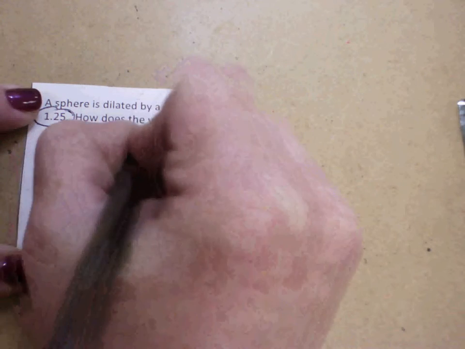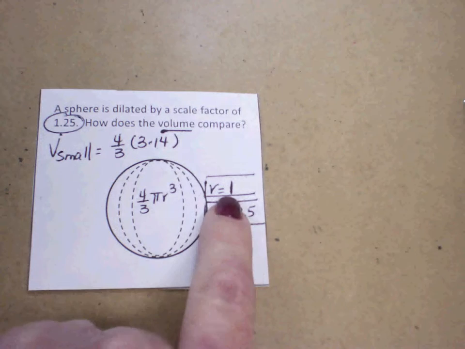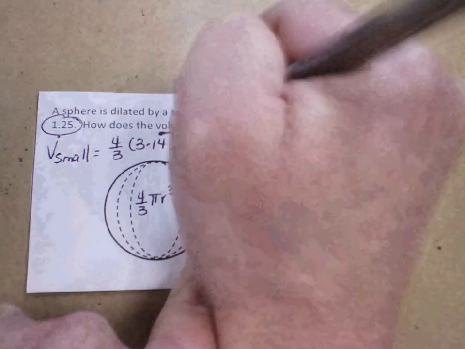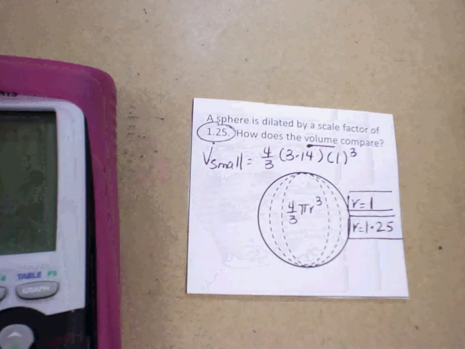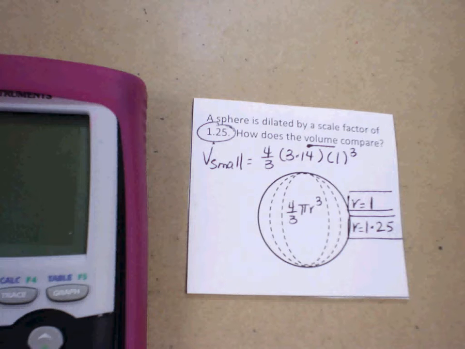So the new radius is 1.25, and the old radius would be 1. So we have to do the volume of the small one first. That is 4/3 times 3.14 times 1 cubed.